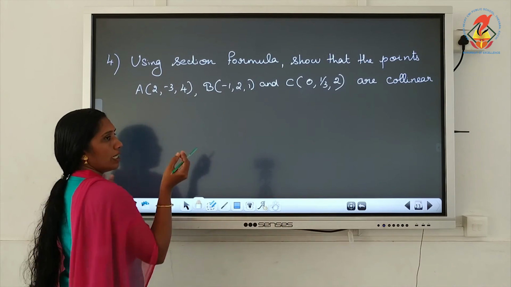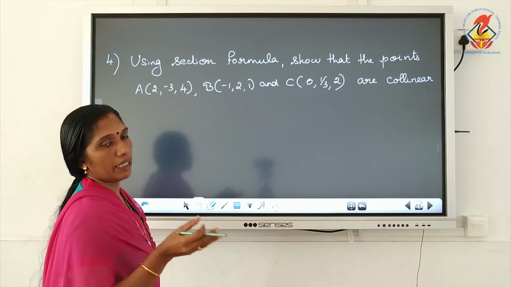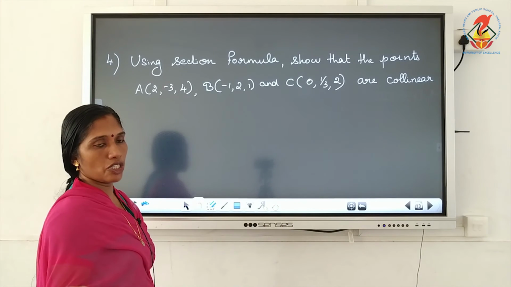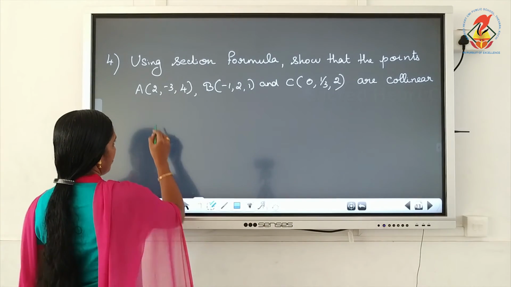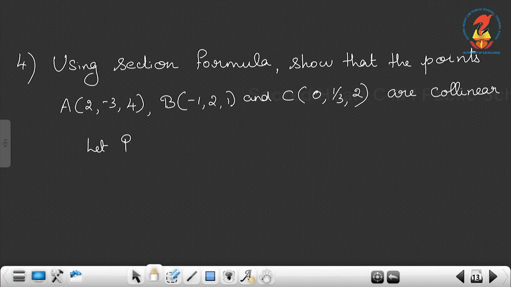Then we take another point P. Let P divide AC, or AB or BC, whatever you want, in the ratio k is to 1.